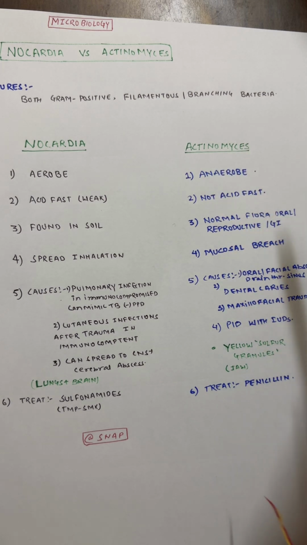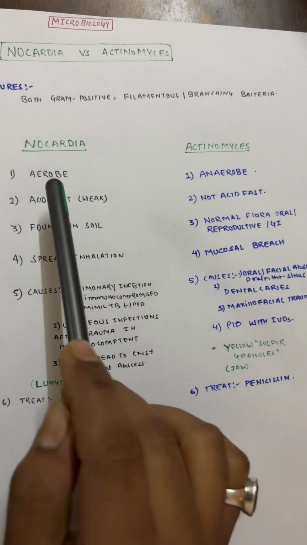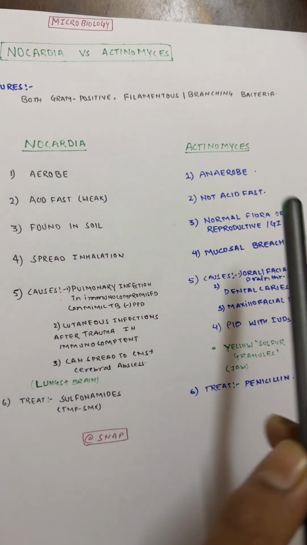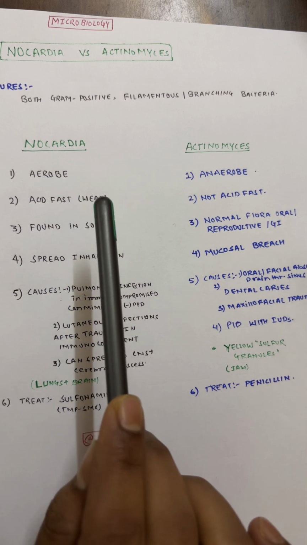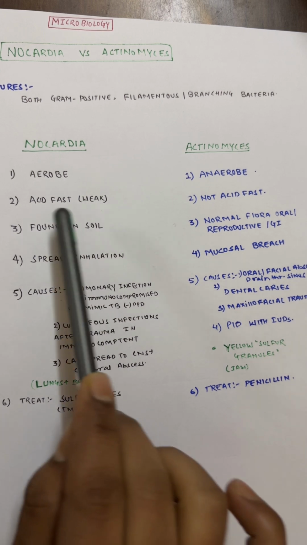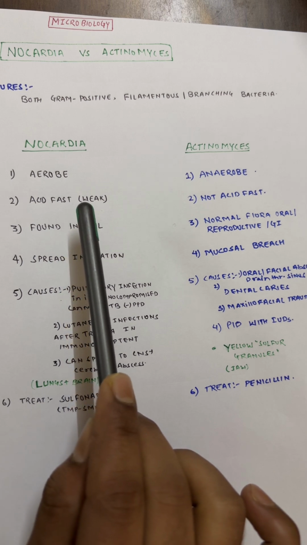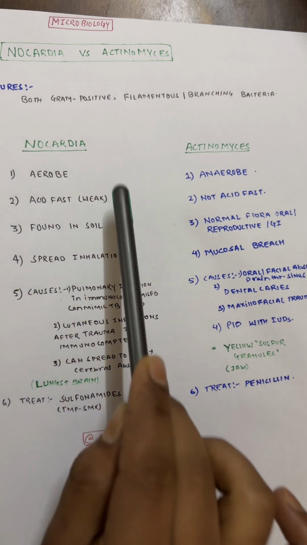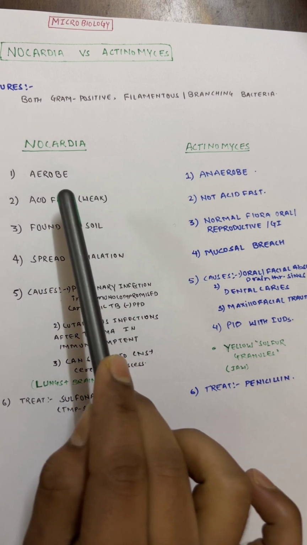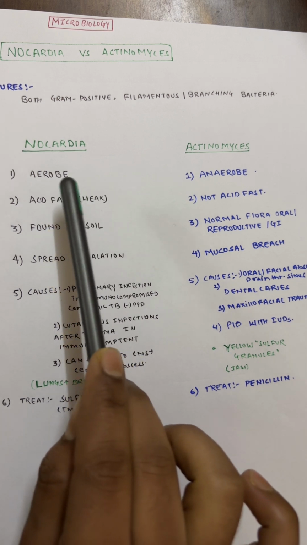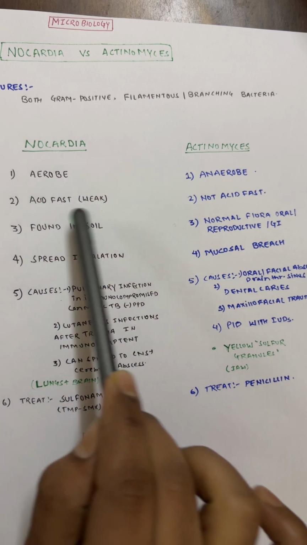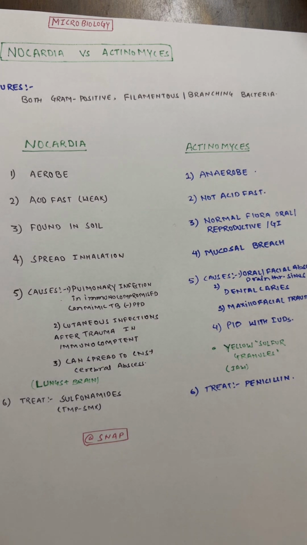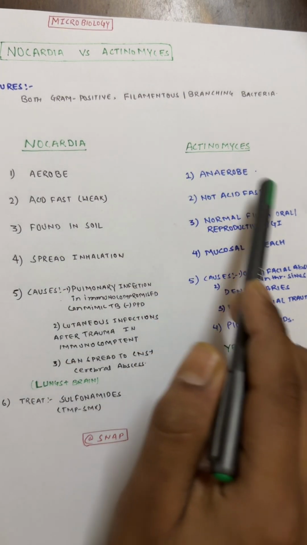Now, Nocardia is weak acid fast, and Actinomyces is not acid fast. Acid fast organisms are bacteria that resist decolorization by acid alcohol after being stained. When we do staining, especially with Ziehl-Neelsen staining, the decolorization by acid alcohol is resisted by these bacteria, so they are called acid fast bacteria. Nocardia is weak acid fast and Actinomyces is not acid fast.